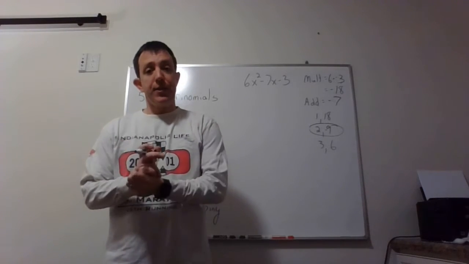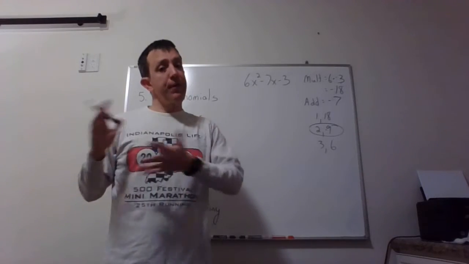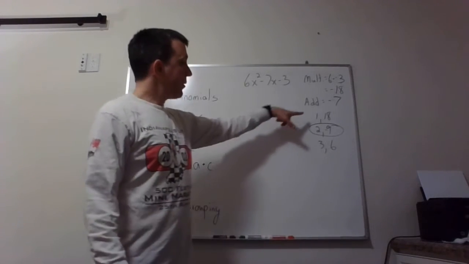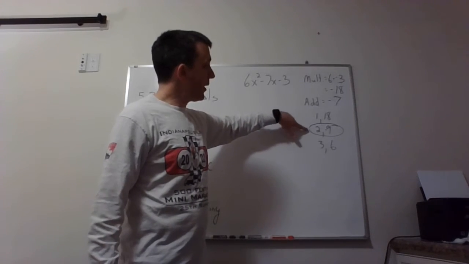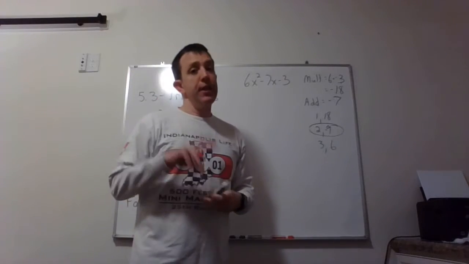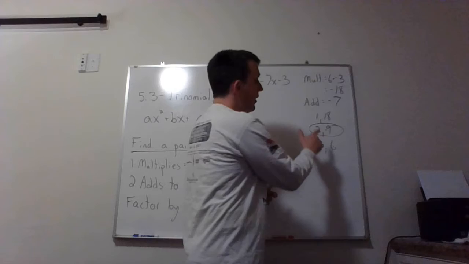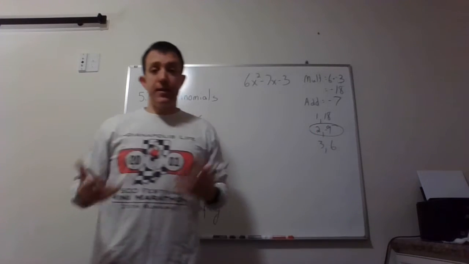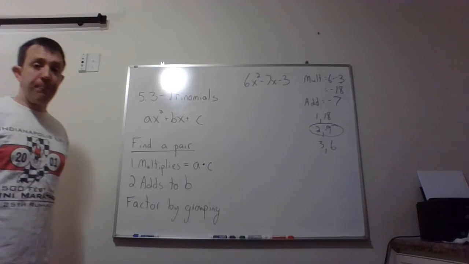Just like in the last section, I would highly recommend finding the pairs first and worrying about the negatives after that. So here are my pairs: 1 and 18, 2 and 9, 3 and 6. You'll see that I circled the 2 and 9 and made the 9 negative because, checking my pair, 2 times negative 9 is negative 18, and 2 plus negative 9 is negative 7. So we get the pair that we need.